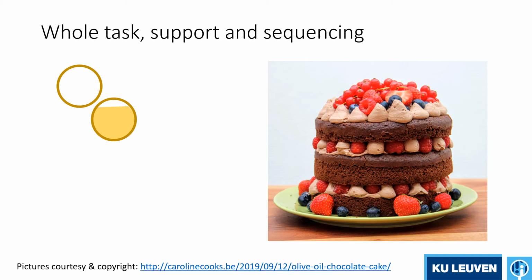And then gradually you will be allowed to do more yourself. So for example, you will be allowed to bake the chocolate dough. And so then you have halfway support. And then later on you can also make the buttercream. And in the end, you can make the cake almost completely yourself. So you have decreasing support for making the tasks. That's one of the basic ideas of 4CID.